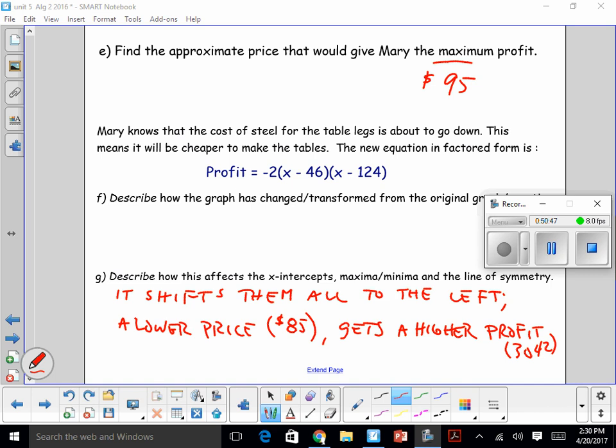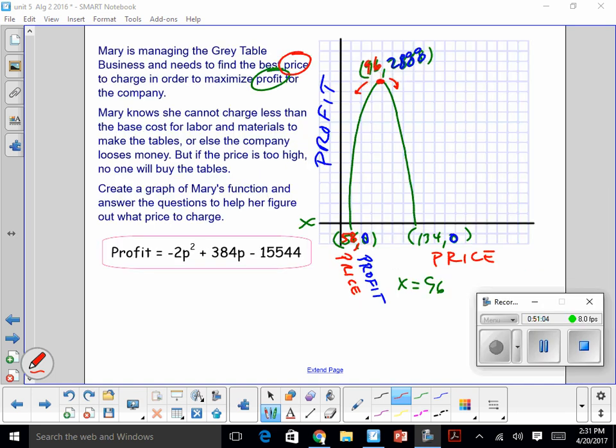The X-Intercepts tell you what price you can charge that would get you a zero profit. You can either charge too little, 58, and get a zero profit, or you can charge too much and get a zero profit. Both of them mess you up if you wanted a profit. X-Intercepts, and then the last thing for them to look at is this freebie, maxima.